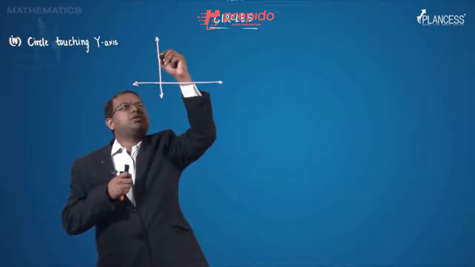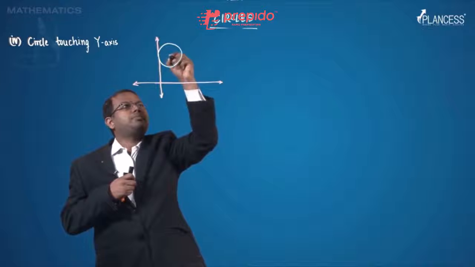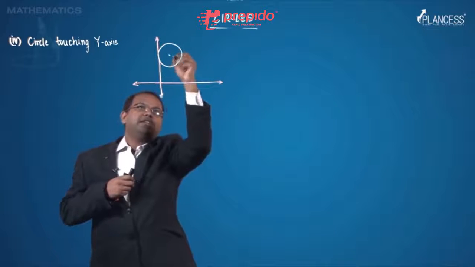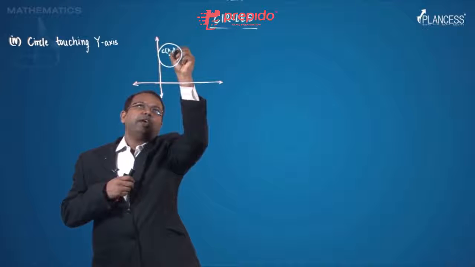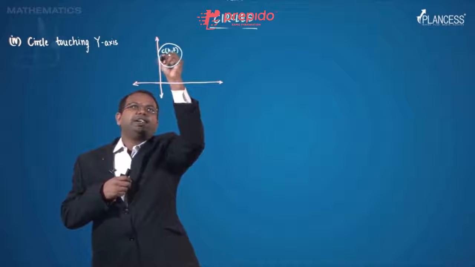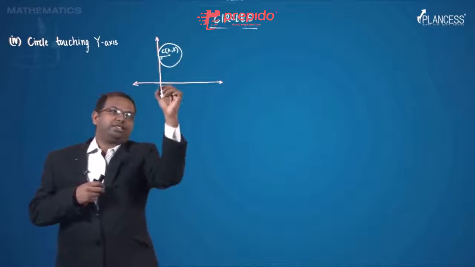So this is our circle. Let us say the center has coordinates h, k, and it has a radius r. So it is touching the y-axis.